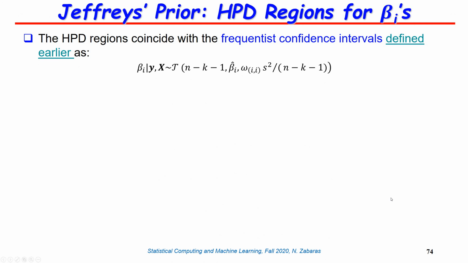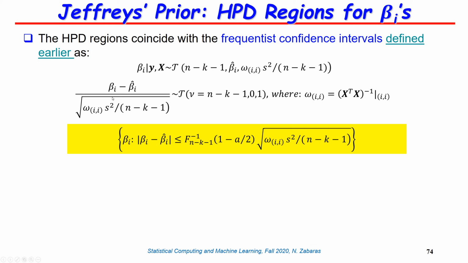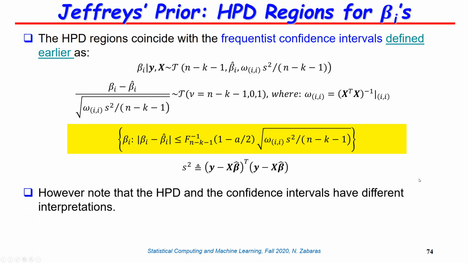So I will give you in this slide a review of what we had seen for the distribution of beta i minus beta i hat. These are the frequentist confidence intervals, and they turn out to be the same as the HPD intervals that we get from our Bayesian analysis.